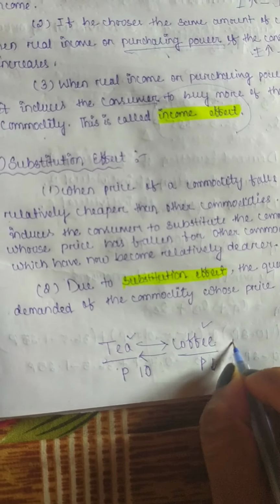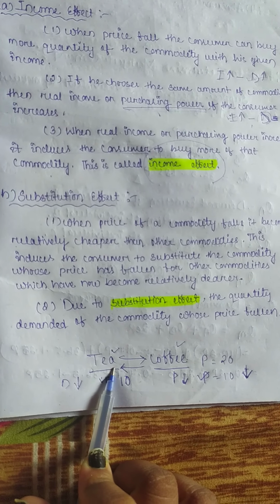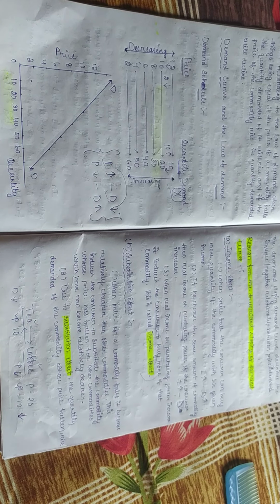Now tea is 10 rupees and coffee is also 10 rupees. When the coffee price decreases, demand for tea decreases because people prefer coffee to tea. This is called the substitution effect. This is all about the law of demand.